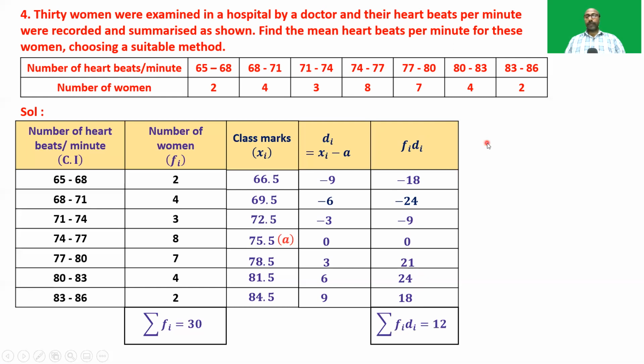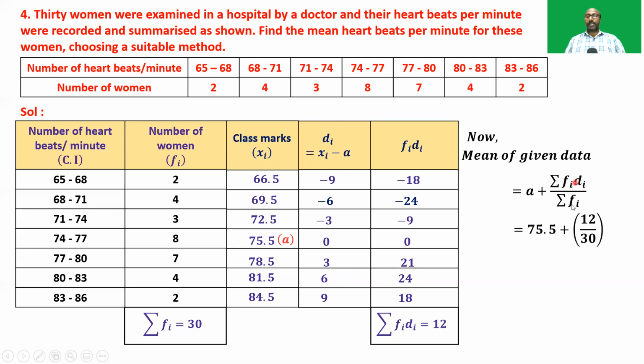And now the mean of the given data in the assumed mean method, the formula to find the mean is A plus sigma Fi Di by sigma Fi. Now A is 75.5, sigma Fi Di is 12, and sigma Fi is 30. So substituting the values in the formula, 75.5 plus 12 by 30.